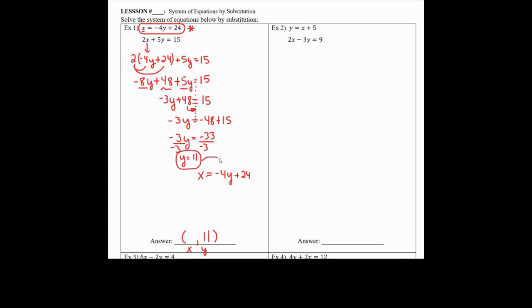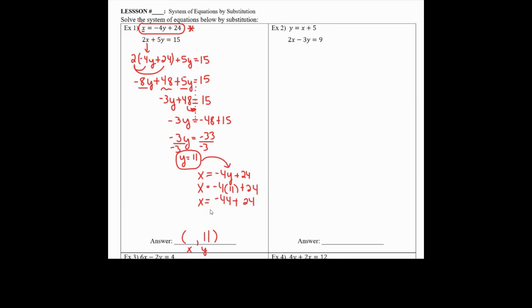So I'm going to come here and I'm going to substitute the value of y with 11. So I'm going to copy x equals negative 4 parenthesis 11 plus 24. So negative 4 times 11 is negative 44. Bring down the 24.